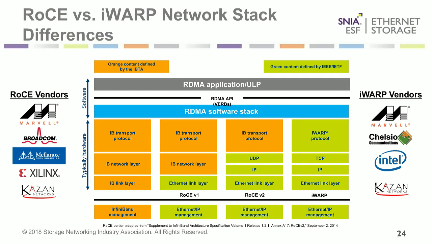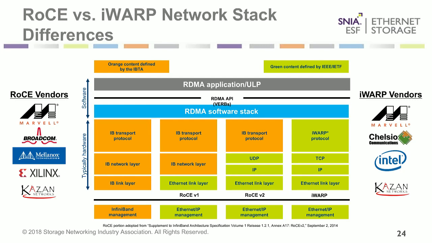RoCE v2, which is the majority of RoCE implementations today, does use UDP over IP and then over Ethernet. So after all that description, the short answer is that today, in modern, current implementations, RoCE uses UDP over IP, but not TCP. iWARP uses TCP over IP and usually has TCP hardware acceleration.